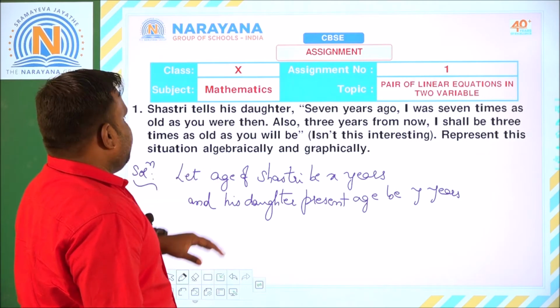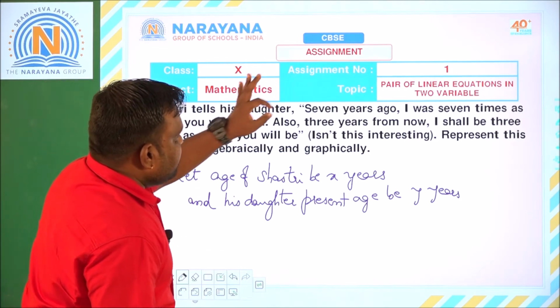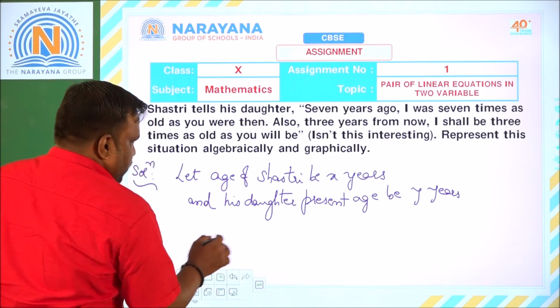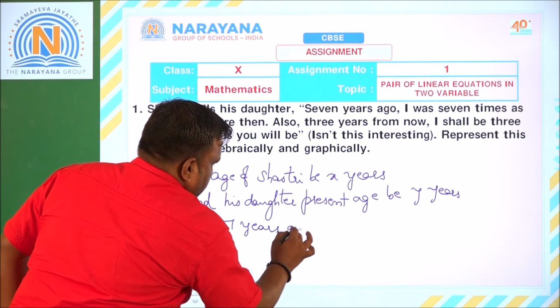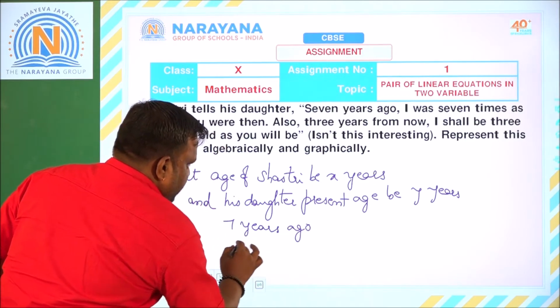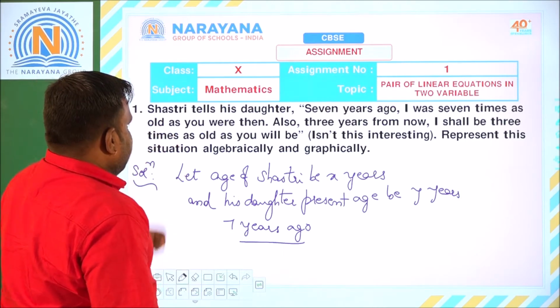Now here we have two situations. First, if you observe clearly, 7 years ago. So when you talk about 7 years ago, what will be Shastri's age?